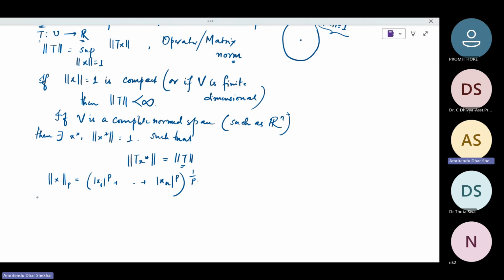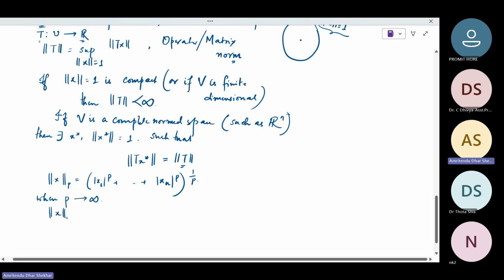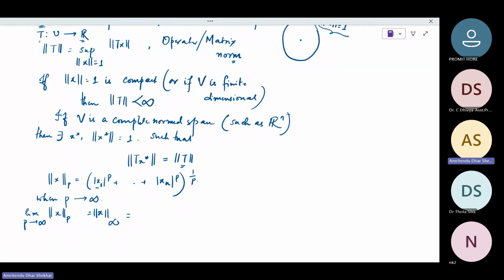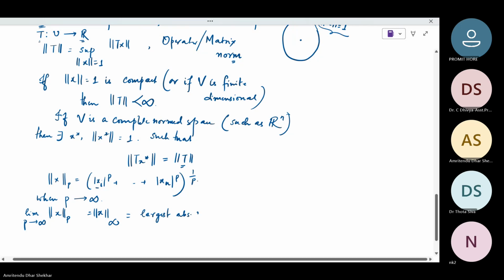And when p tends to infinity, we call this the infinity norm, and the infinity norm is just the maximum of all the coordinates. So you look at the coordinate points and you see which coordinate is the largest. So this is just the largest absolute value coordinate.